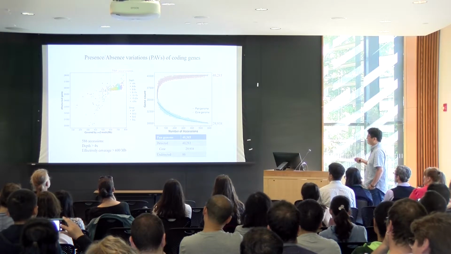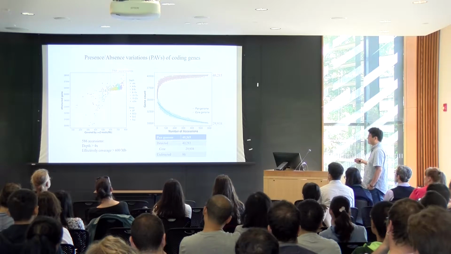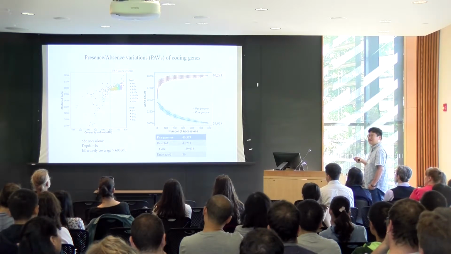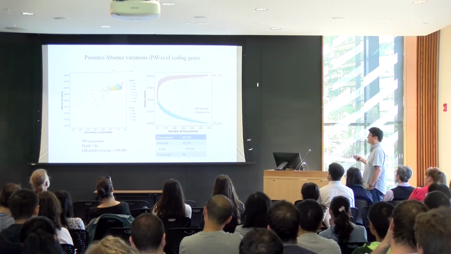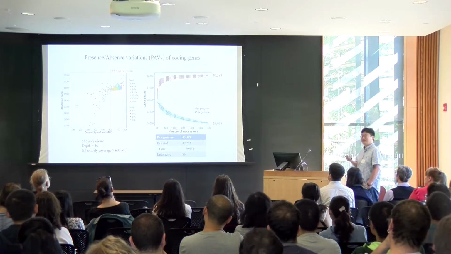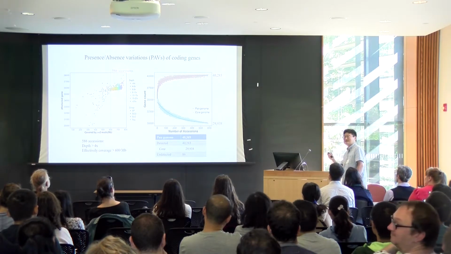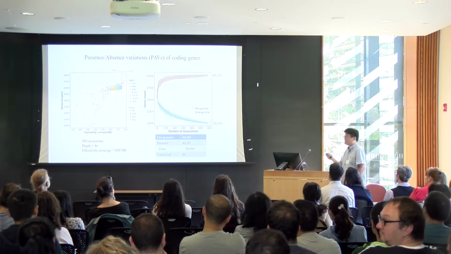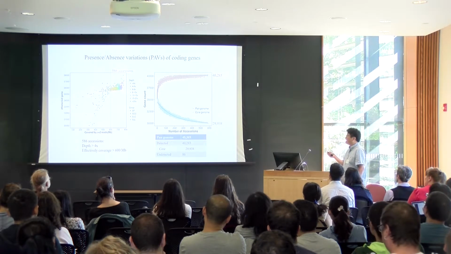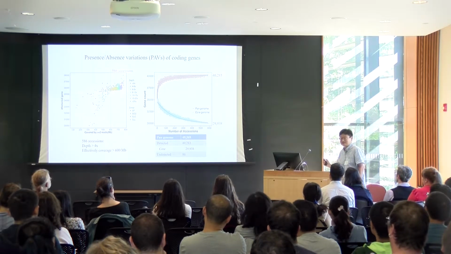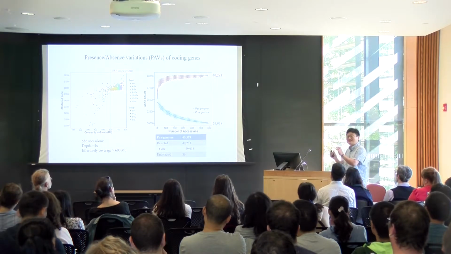We identified PAVs, and we analyzed the model of the PAV pattern, and we found the pangenome is closed. What does closed mean? That means that if you add another accession to this pangenome, the total number will not increase much, maybe by 1, 2, or 10. It's kind of saturated.